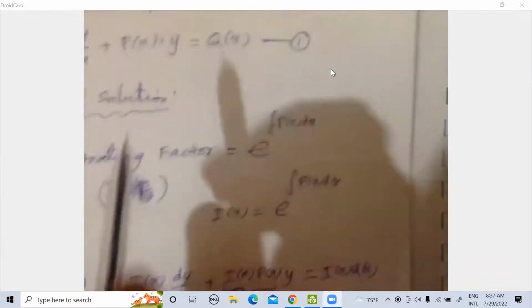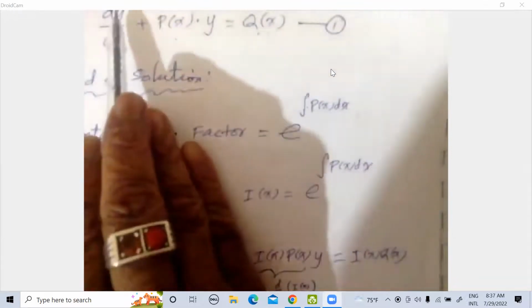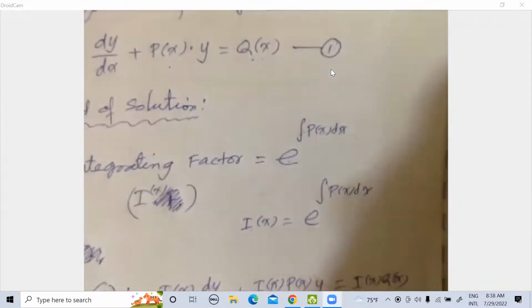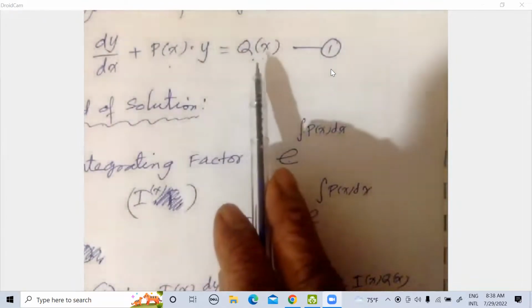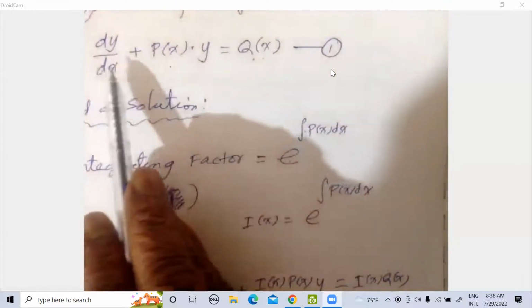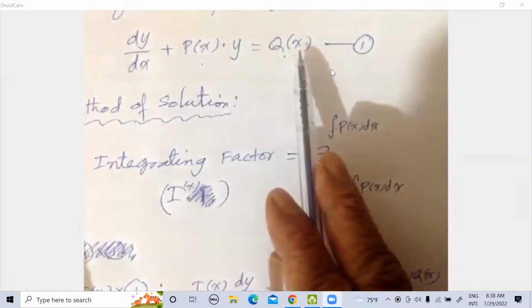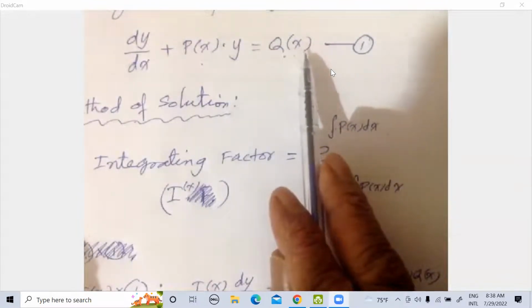Integrating factor, you can write it down. If the equation is of this form, dy over dx plus p of x times y equals q of x, that is what a first order linear differential equation is.